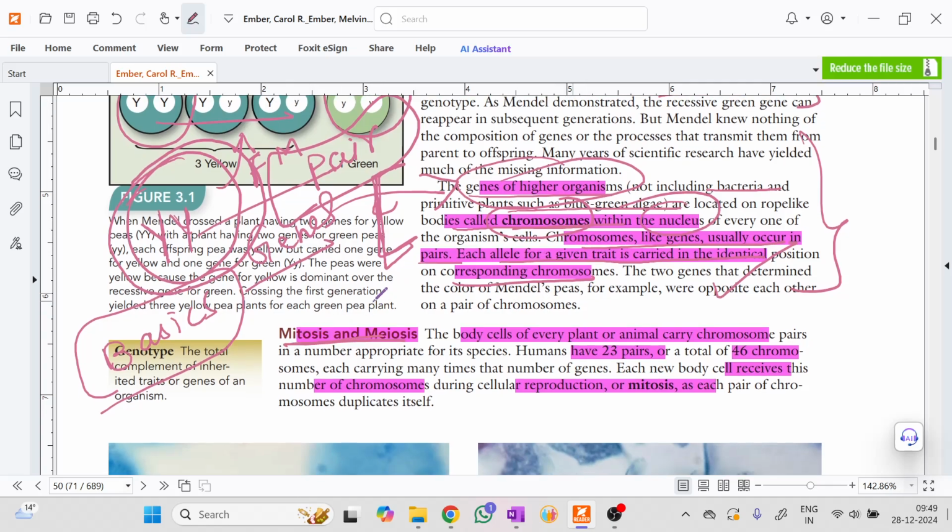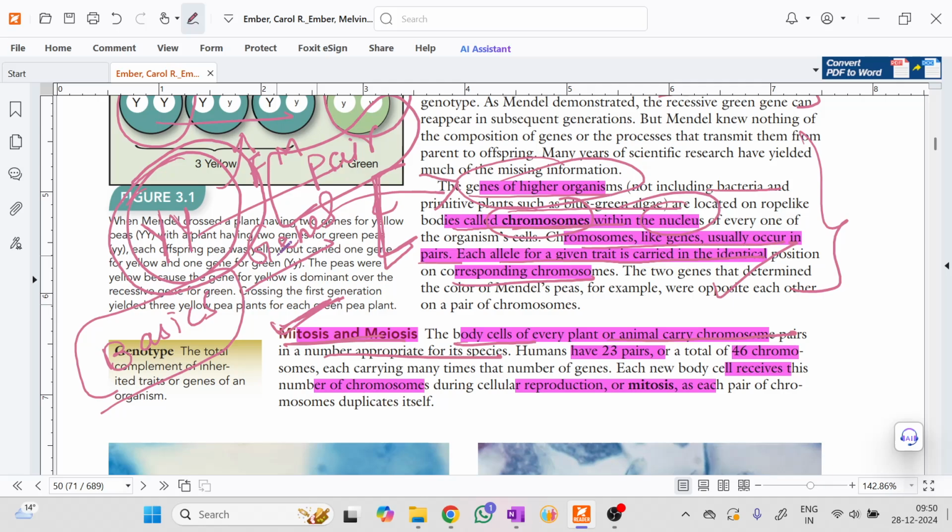And let's proceed to mitosis and meiosis. So body cells of every plant or animal carry chromosomal pairs. The pairing mechanism here, I have explained. You might have a clear idea that all plants and animals are products of crossovers. The crossover is between father and mother, parents who themselves are two in number.